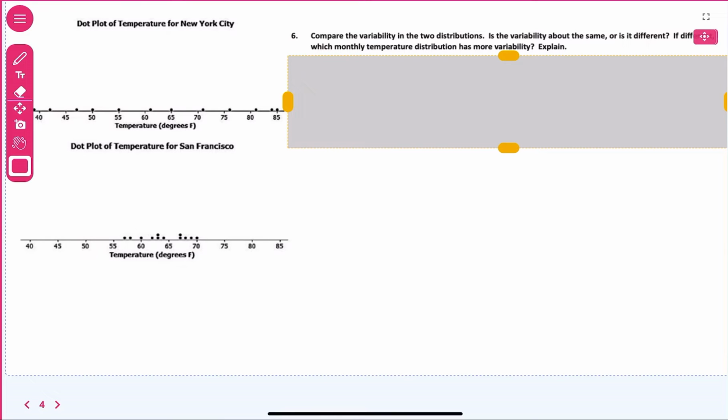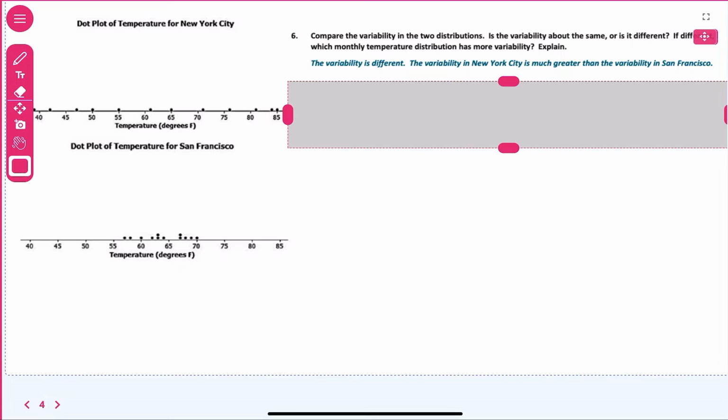So, comparing the variability of the two distributions, is the variability about the same or different? Well, it's going to be much different. New York City has a greater variability. It's spread out a long ways over here, all these values, whereas we just have a small variability here. So it differs.